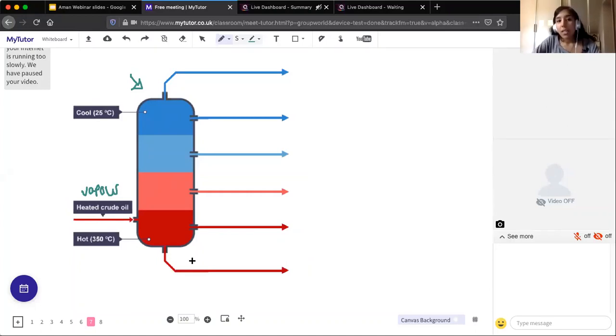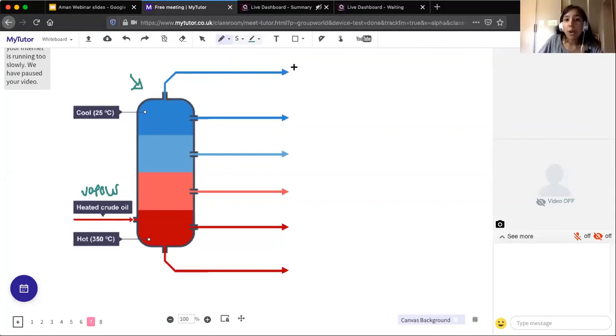So any ideas, what's the top fraction? Does anyone know what the top fraction is? It's okay if you don't, we'll go through it together. So I know we spoke about alkanes. These aren't essentially alkanes that are coming off. They have specific names, which we're going to go through. So someone said gases. Good.